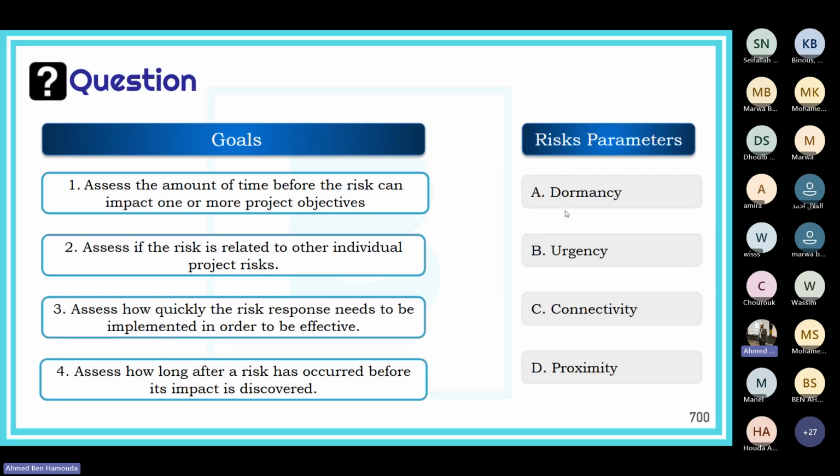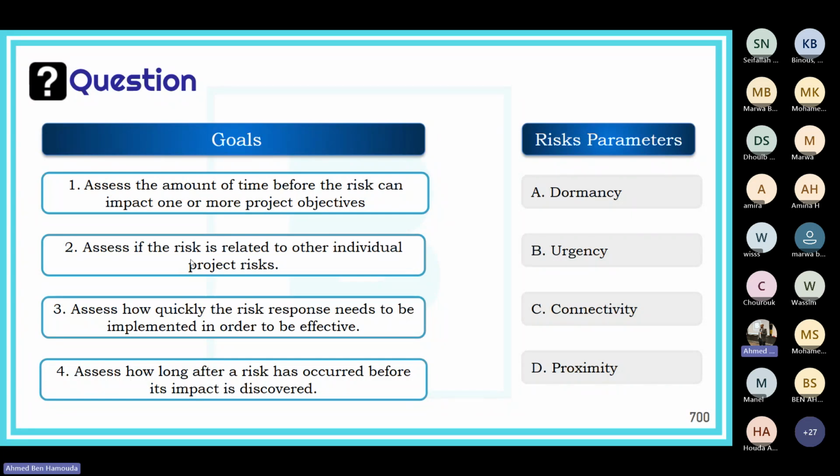Here is a drag and drop question. And a lot of our participants told us that in the exam they got this exact question, or maybe one that is very similar to it. Link the goals with the risk parameters. Assess the amount of time before the risk can impact one or more project objectives.